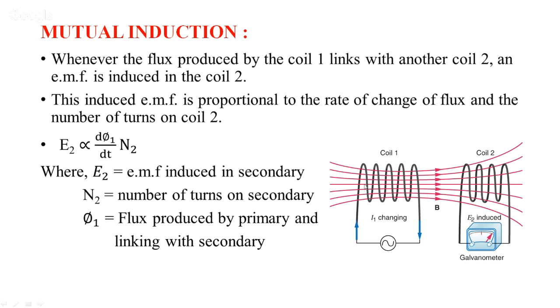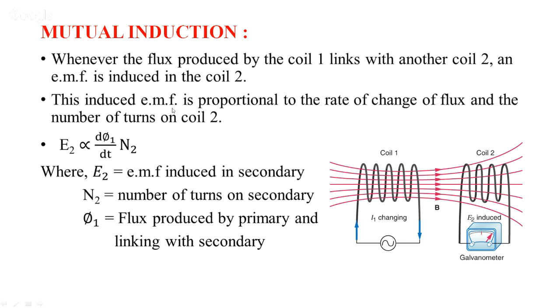Magnetic field is nothing but magnetic lines of force, also called flux. This flux is linking with coil 2. The two coils are placed close by, and once current starts flowing in the first coil, a magnetic field is set up around that coil, and this magnetic field is linking with the second coil as shown here.